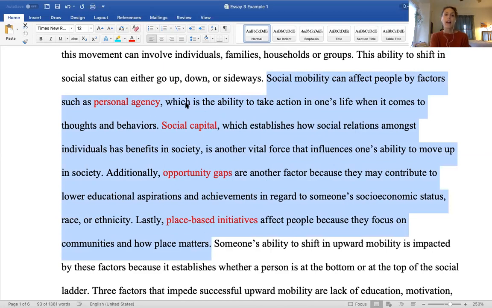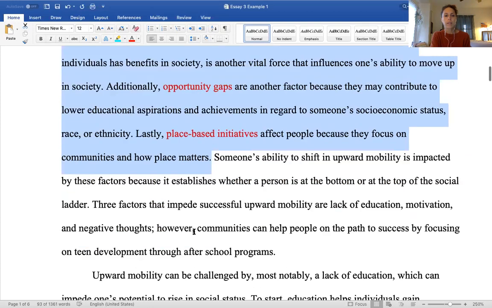Now remember, you don't have to go through and list exactly these definitions. It's even a little bit better to synthesize, which means explain how these concepts are important without explicitly stating them. So this is super great. 1, 2, 3, 4. Okay.